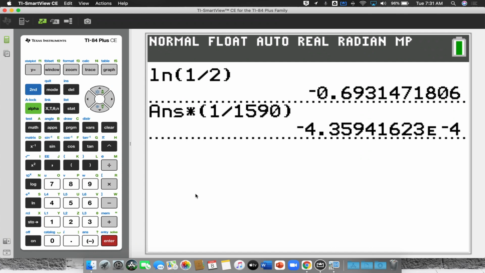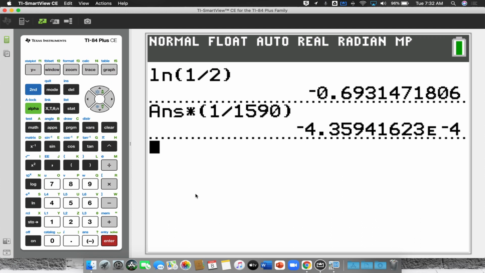What does that e mean? See, I have e to the -4. What does that mean? Does anyone know what that means? If your calculator ever does that, do you know what it means? Yeah, it's scientific notation.